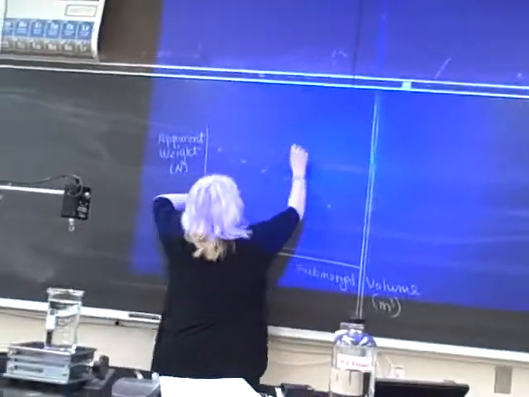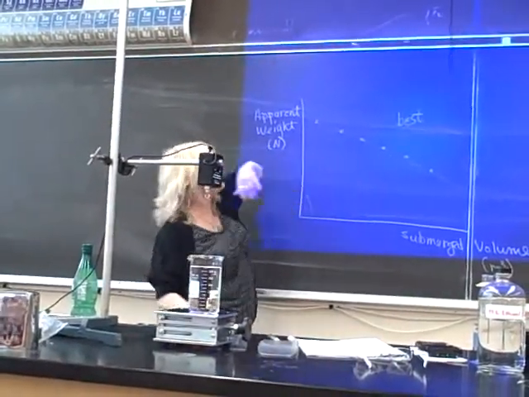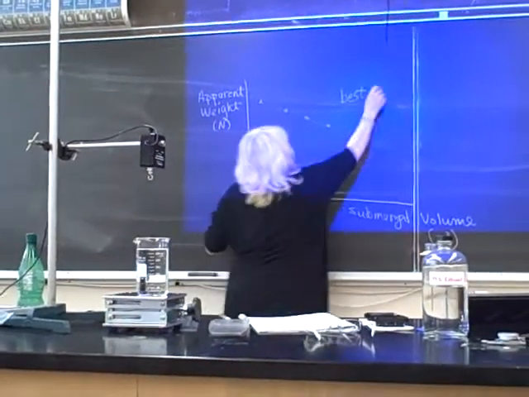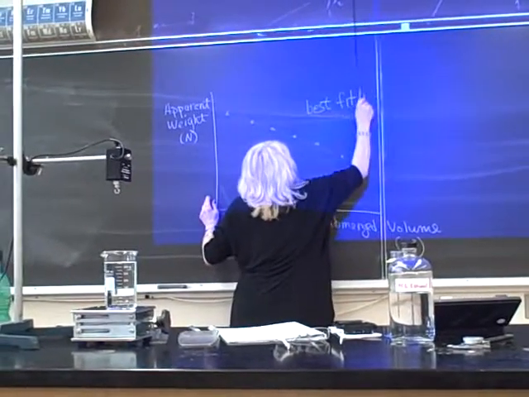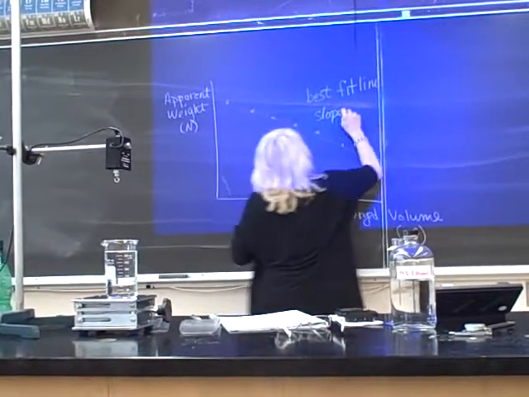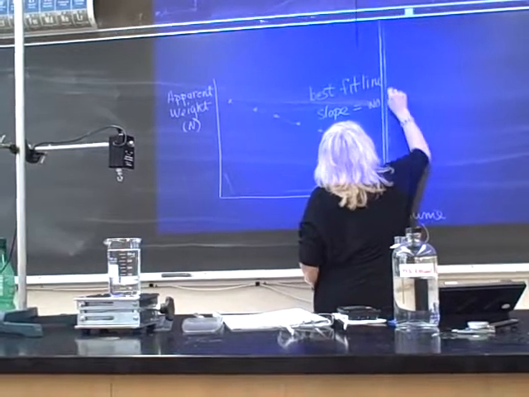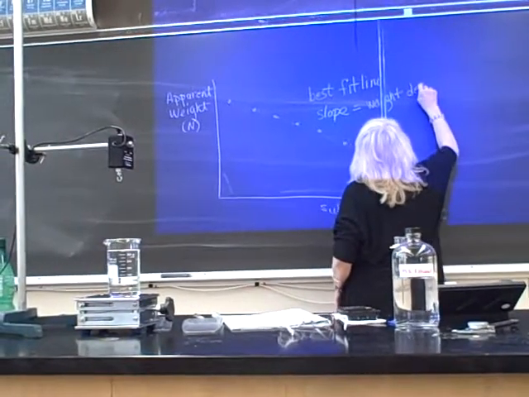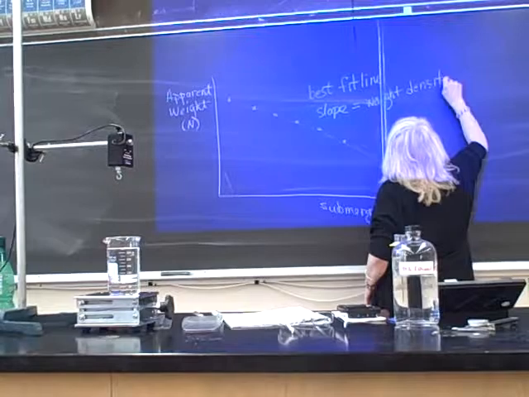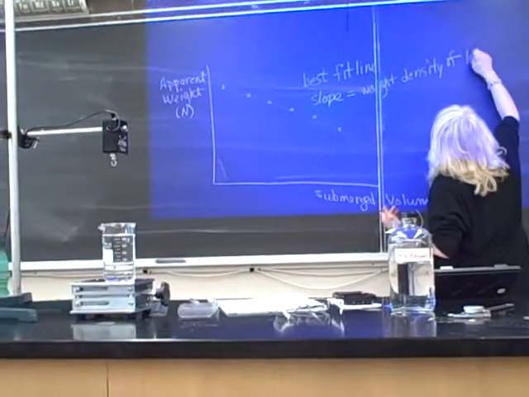Here's the deal. Do a best fit line, and you're going to have 2 of them, okay? You'll have a line for alcohol and a line for water. The best fit line should have a slope that's equal to the weight density of the liquid, whatever the liquid is.